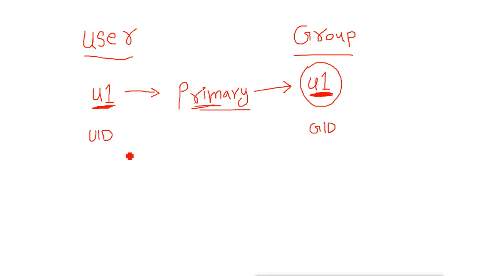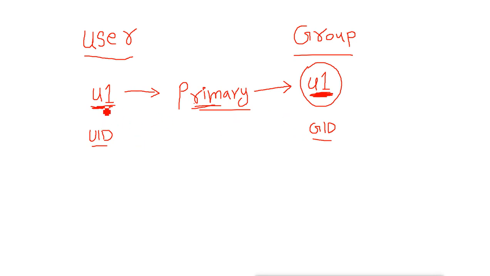We remember the machines by name, we remember the users by name, and we remember the groups by name, but for the system they are unique numbers. So for the system, every user is a unique number, which is called UID, and every group is a unique number, which is GID. The system differentiates between users and groups by using this UID and GID.